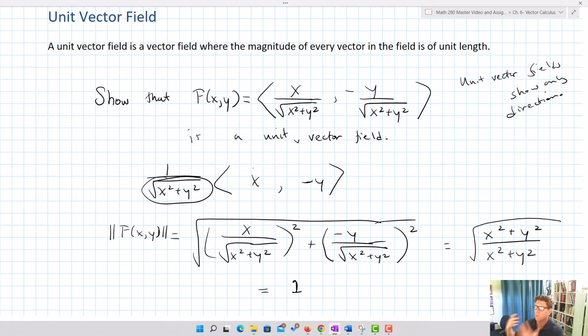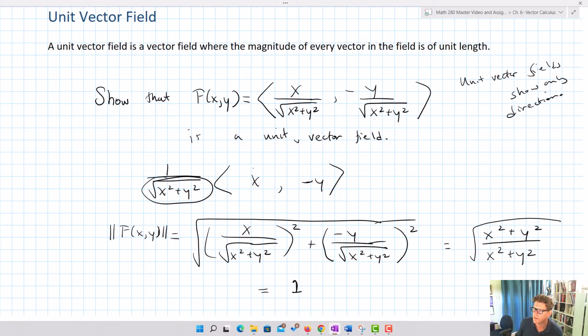They all are of length 1. If you imagine what that vector field looks like, it's going to show us just shape, and every one of the vectors is going to be of length 1.